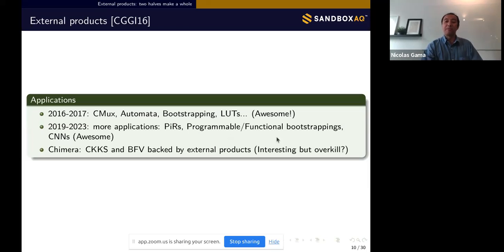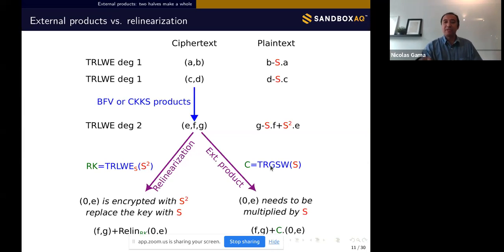Then this programmable or functional bootstrapping that would have consequences in logreg or CNNs. And yeah, the application of the external product to be able to use the internal product. So that was something that was introduced in one of the first versions of Chimera. So that was an interesting idea, but yeah, something looked a little bit overkill on that.